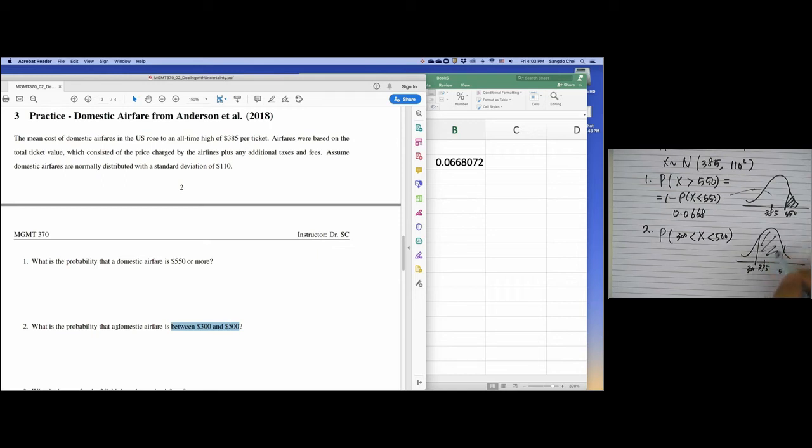Then you shade this area, and we have to compute this number. For an interval, you have to write P of X less than 500 minus P of X less than 300.